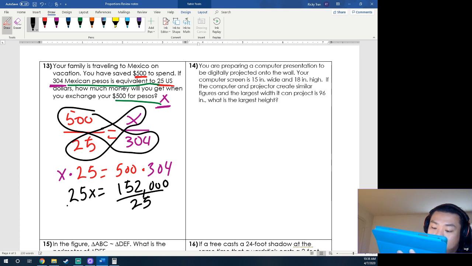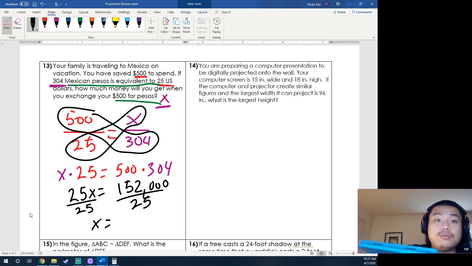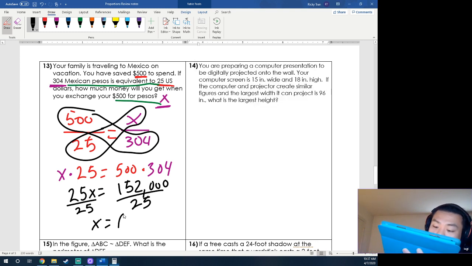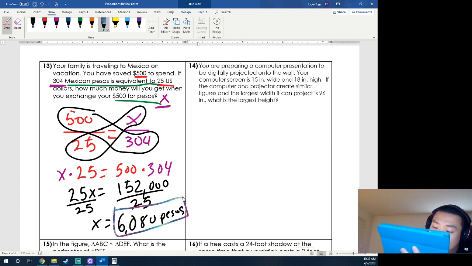Oops, I missed a zero. We have X is equal to, divide this by 25, 6,080 pesos. Oops, I spelled that wrong. There it is. Pesos. 6,080 pesos. Okay, this is your answer.